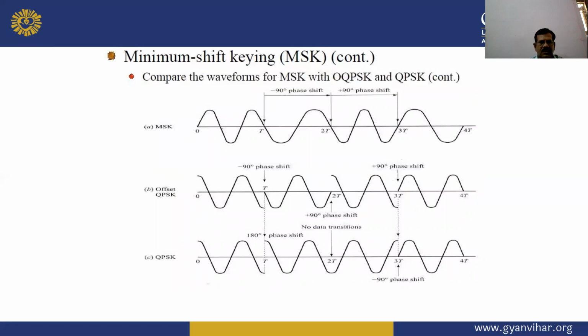In this waveform representation, we compare the waveforms of MSK with OQPSK and QPSK. The first one shows the MSK, the second shows the offset QPSK, and the third one shows the QPSK.